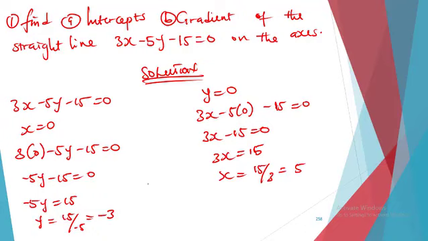So we've gotten x to be 5 and y to be minus 3. At this point, let us look for the gradient, because the second question said we should look for the gradient.